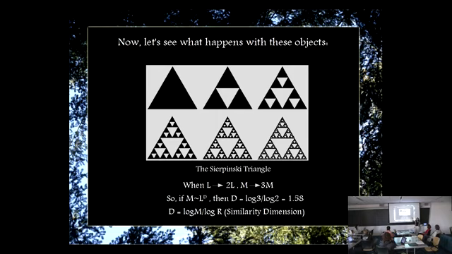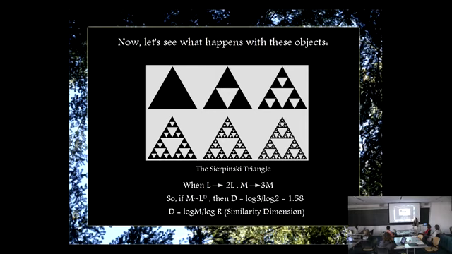And we get a figure that, if we double its size, we get 3 times the mass, 3 copies of itself, which would be a dimension of 1.58. It's more than 1 and less than 2.